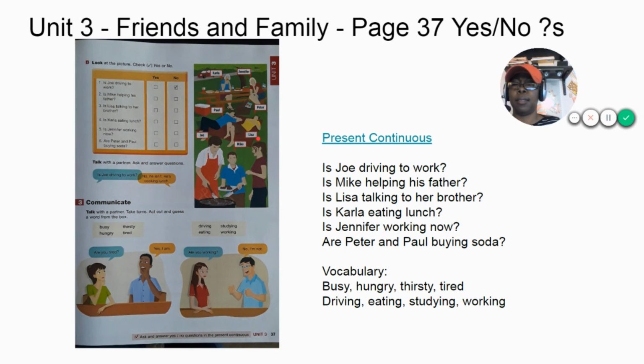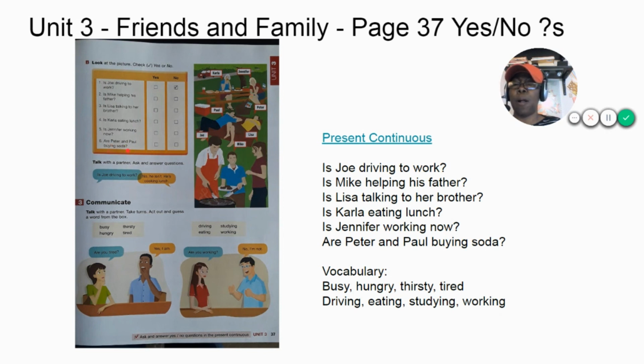If Mike is her brother, then I would say yes, she's talking to her brother. Yes, she is. Is Carla eating lunch? Carla looks like she's eating, so yes, she is. Is Jennifer working now? Jennifer looks like she's sitting and relaxing, so no, she isn't.